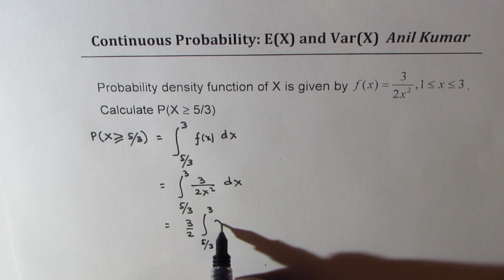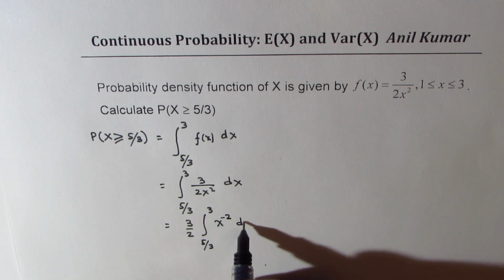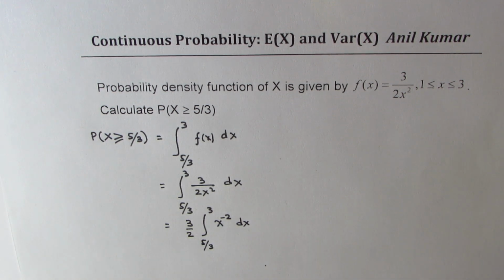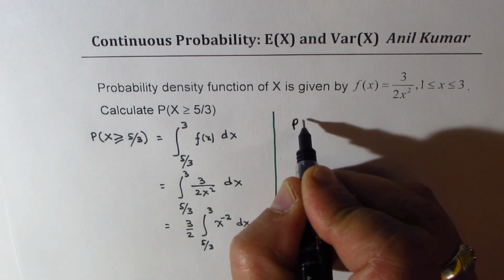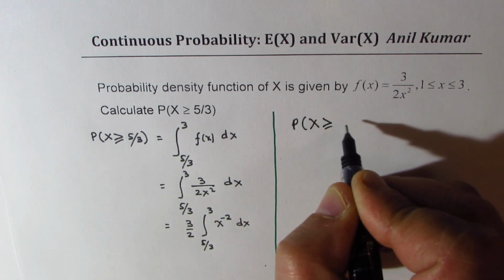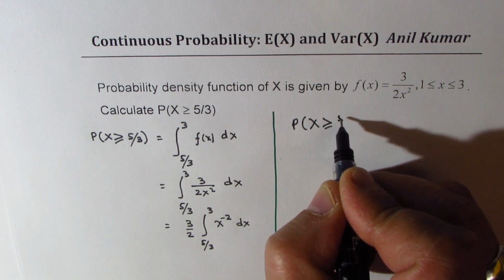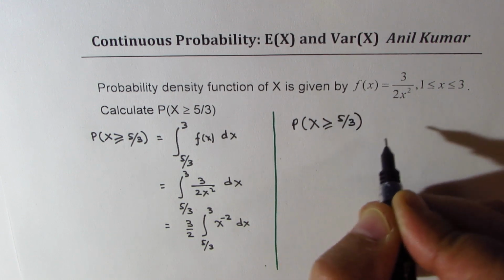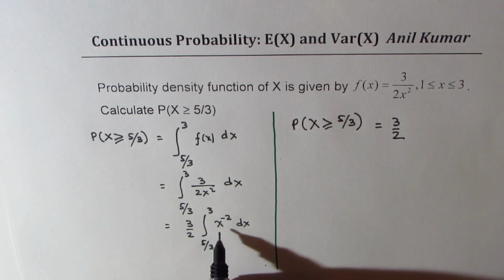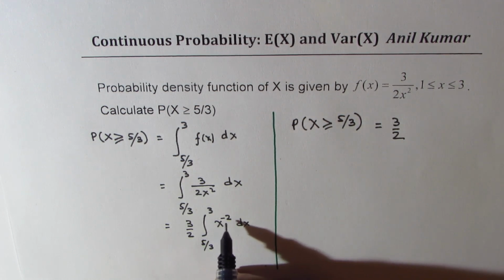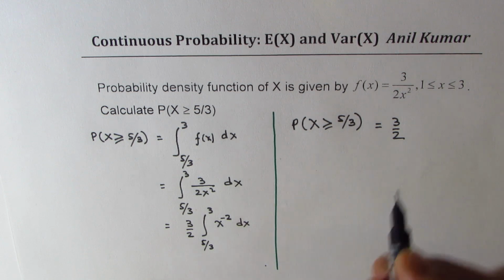We could write this as x to the power of minus 2 dx. Now we are going to apply the integration rule to find the integral. So we get the probability for x being greater than 5 by 3 as equal to 3 by 2. So that gives you, add 1 to minus 2, you get minus 1.